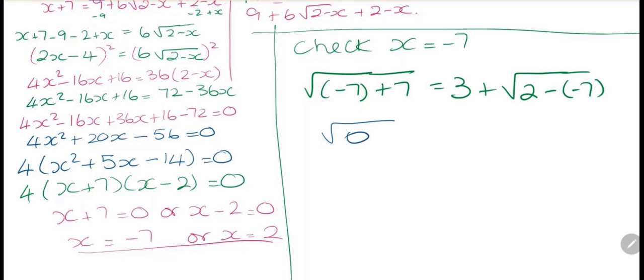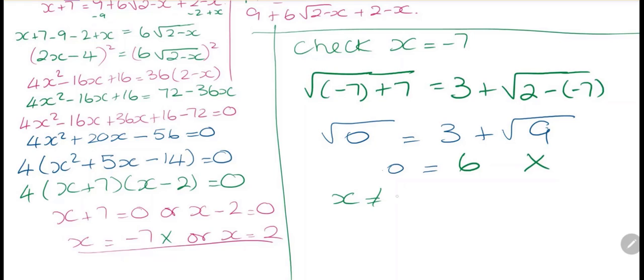This is the root of 0, which is equal to 3 plus root 9. So 0 is equal to 6. Well, that is not correct. So x equals minus 7 is not a solution.